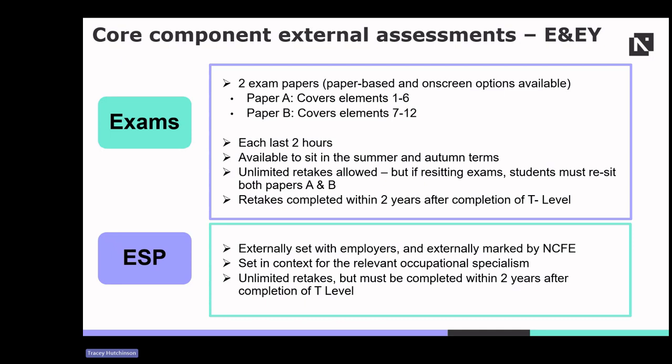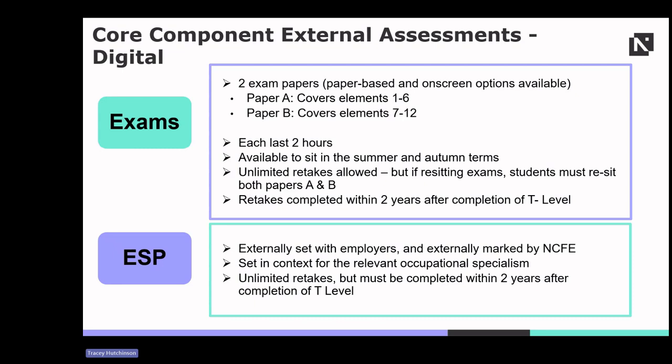So you can see there's a slight difference here with education early years. They don't have sections A and B in their specifications. How theirs are covered is as elements, and this is the same for digital. So education early years covers elements 1 to 6 in paper A, and paper B covers elements 7 to 12. You can see the same here for digital as well.